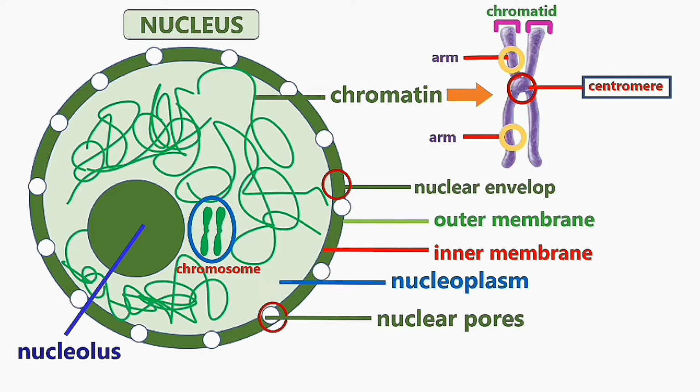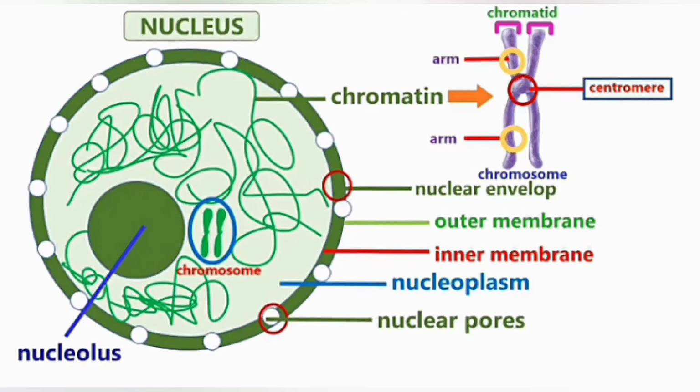Chromosome number is species specific and remains constant generation after generation. Like in man, each cell contains 46 chromosomes. Frog cell has 26 chromosomes. Chimpanzee has 48 chromosomes.